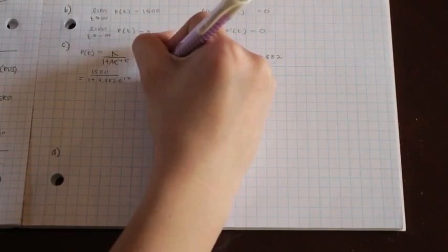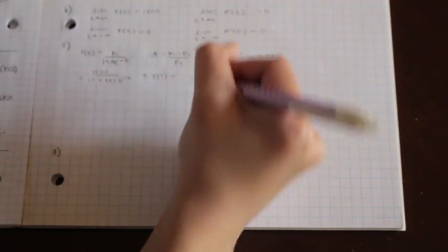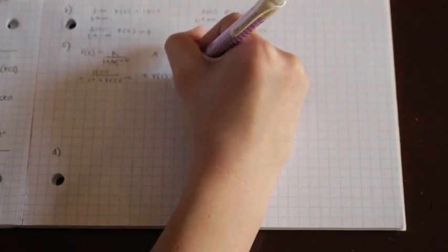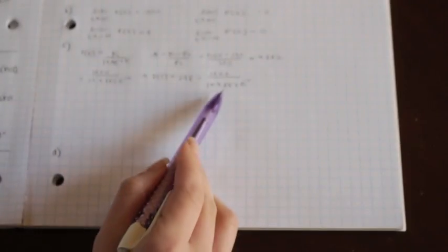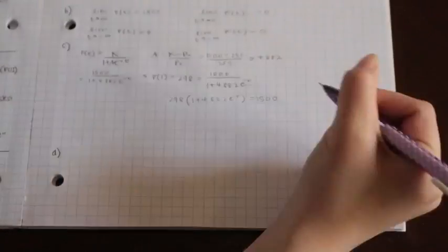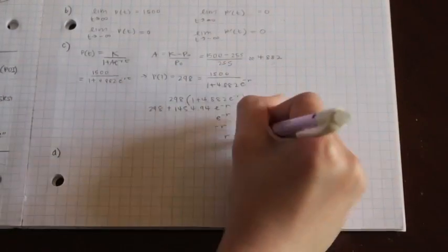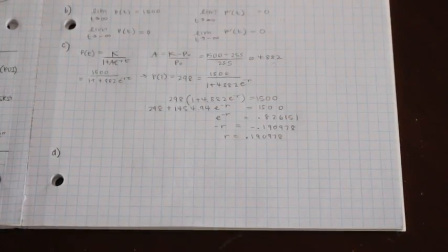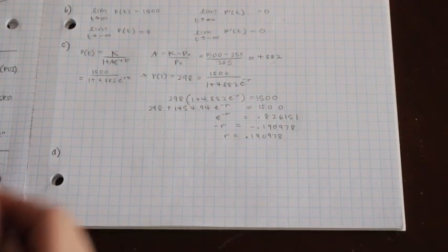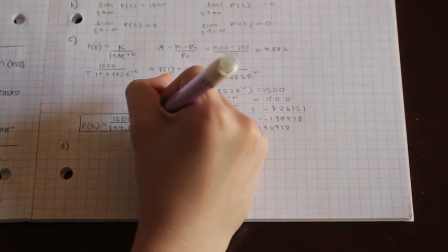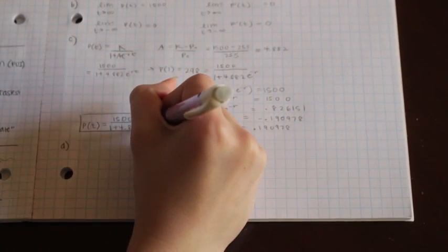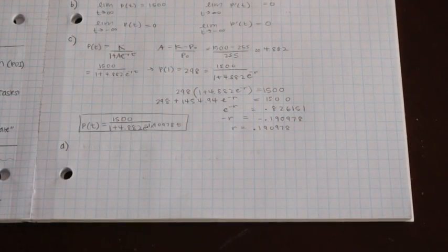So we know our p of 1 is equal to 298, and then we will plug in 1 for our t. And now we just solve for r. Now that we have our r, we can plug everything back in to get our original p of t. Sorry, this should be 0.19, not 1.9.